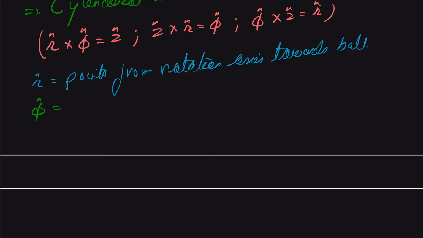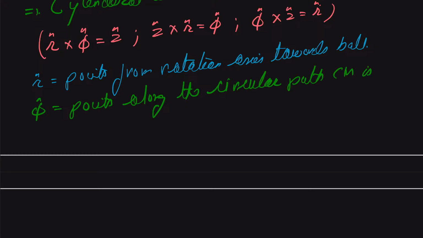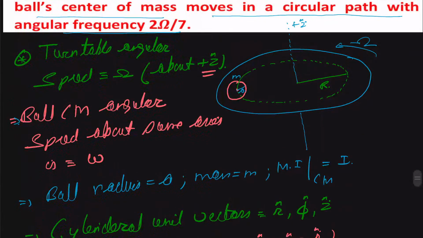It points along the circular path the center of mass is following, and z we already know is, in terms of our axis, the upward direction.